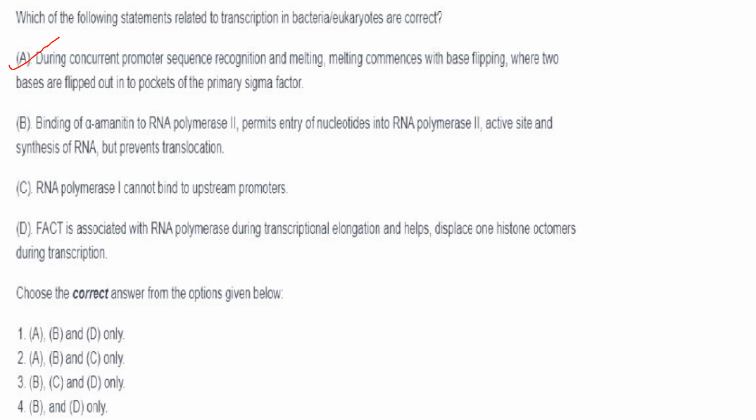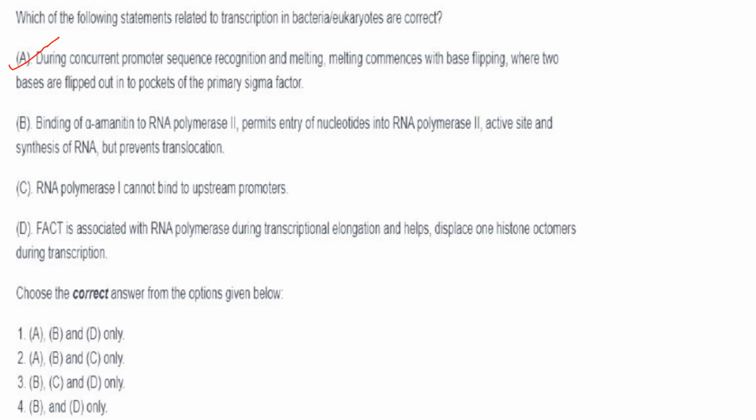So how does alpha amanitin work? It binds to RNA polymerase 2, permits entry of nucleotides into RNA polymerase 2 active site and synthesis of RNA, but it prevents translocation. And alpha amanitin, just to remind you, is a toxin obtained from mushroom Amanita phalloides.